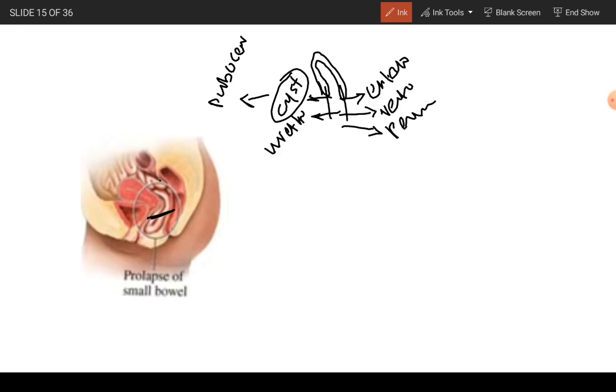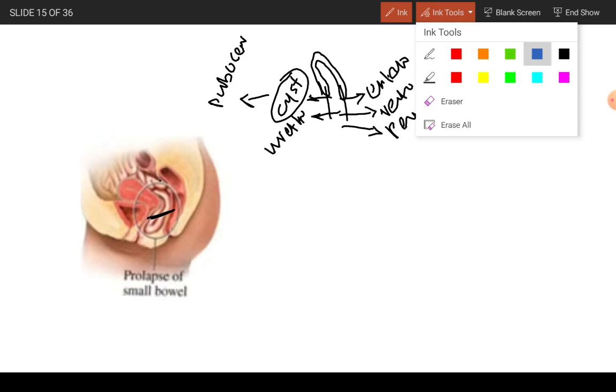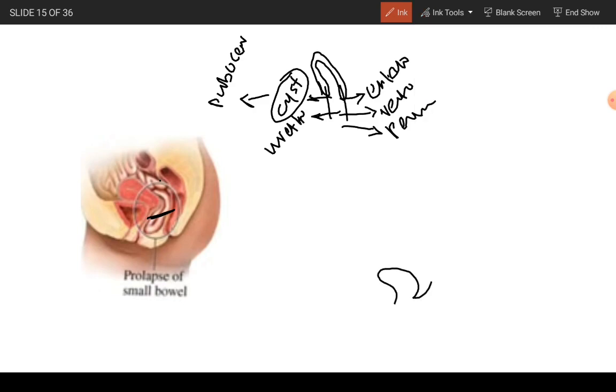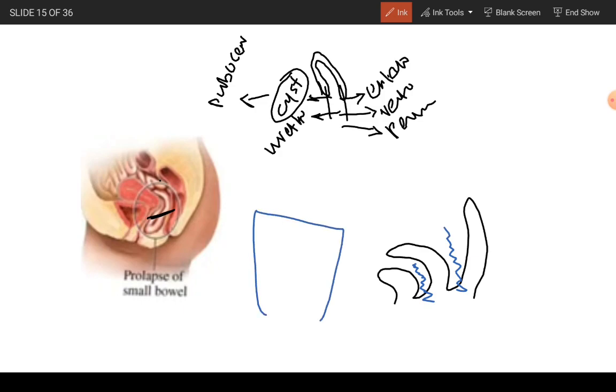I'll be explaining that. This is the bladder, then the uterus and the rectum. So in between here you have one fascia, here you have one fascia, like a curtain. Suppose you imagine there is a weakening of this curtain, this fascia. So what happens through this?